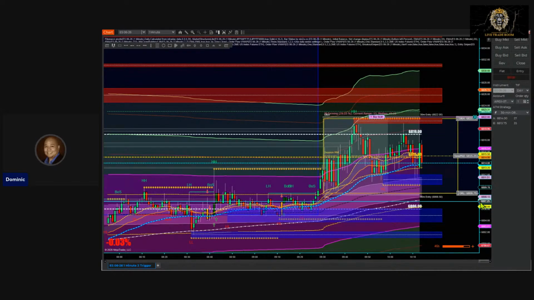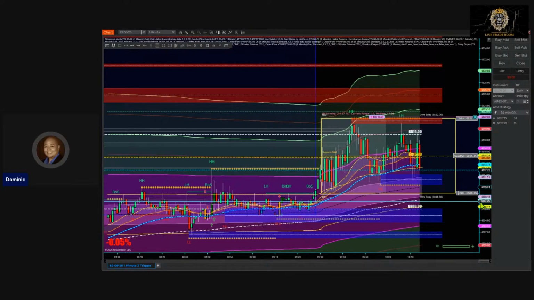It goes down. So again, we're in a range. I don't know when this is going to break. You know what? I'm going to give it until 10:30, so by that time it's an hour. If it's just trading in this tight range, you might as well not trade the market.